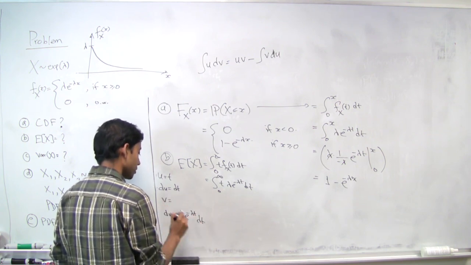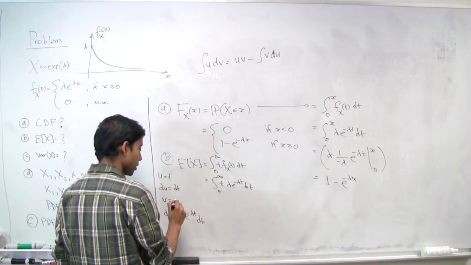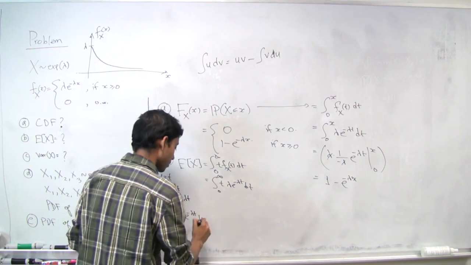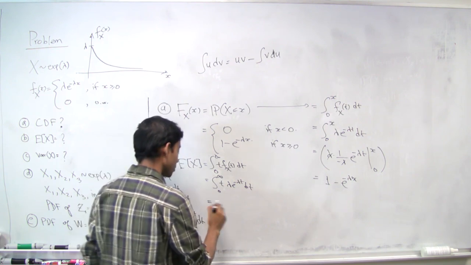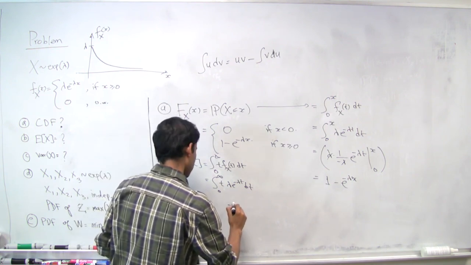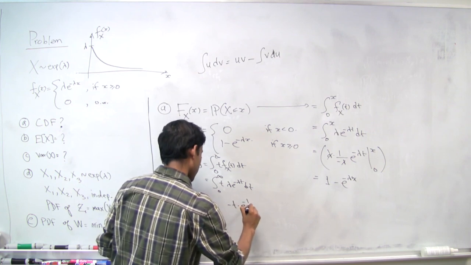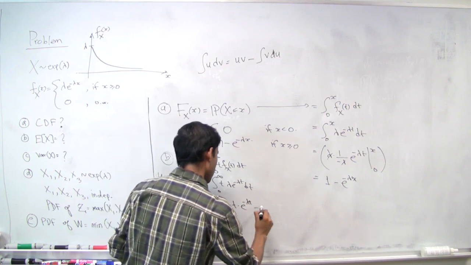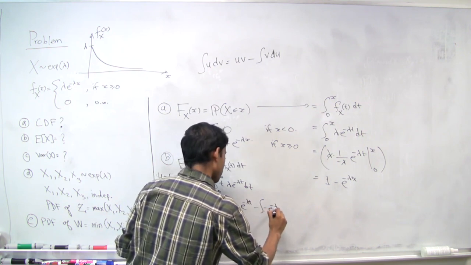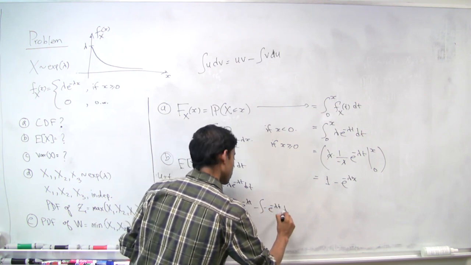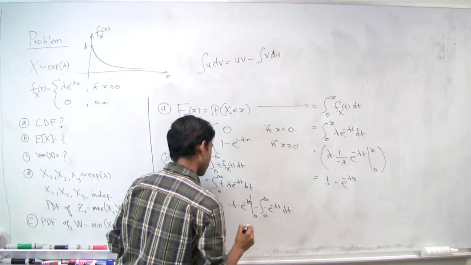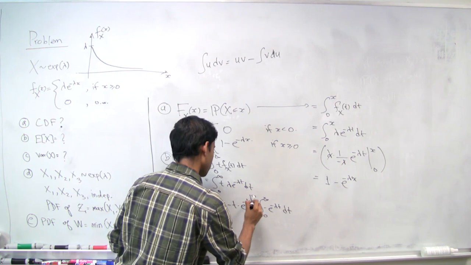So v is going to be, since we already did the integral, minus e to the minus lambda t. If we do this, it's going to be negative t times e to the minus lambda t, so that's uv, minus the integral of v du, which is negative e to the minus lambda t times dt. This is evaluated from 0 to infinity.